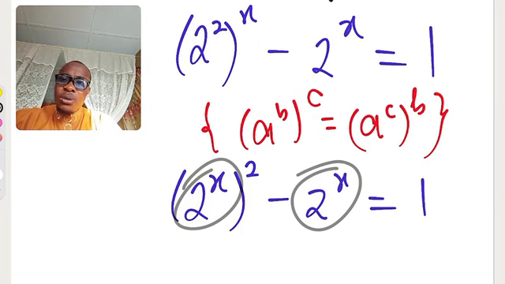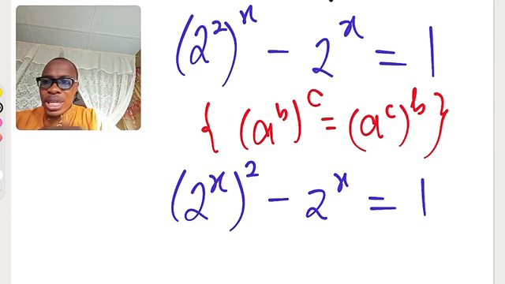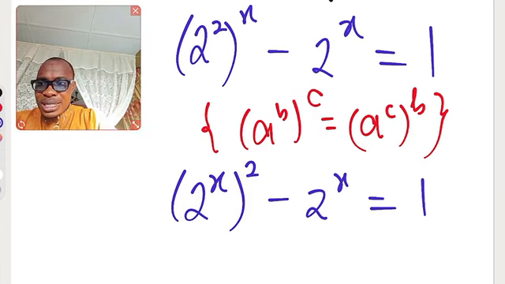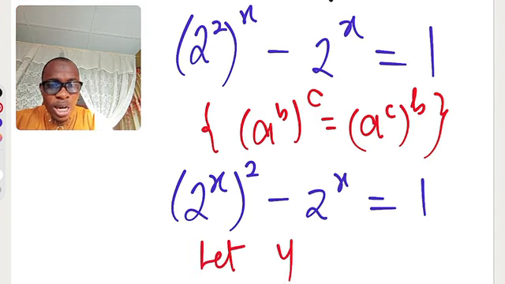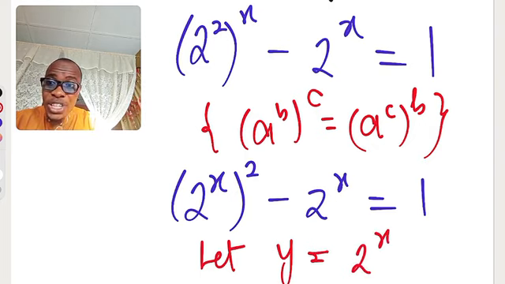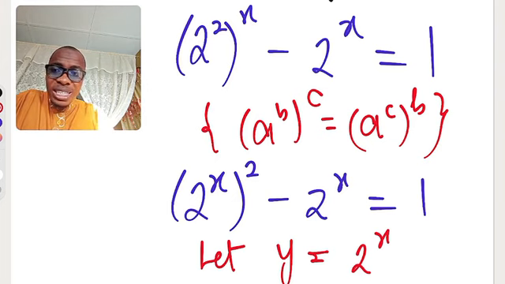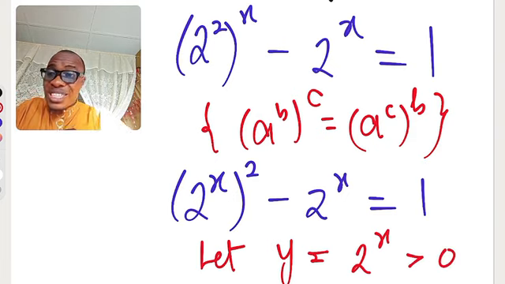All right. So now what we're going to do, we now say let y equal 2 to the power of x. Mind you, this 2 to the power of x is a number that can never be 0, so it has to be greater than 0.